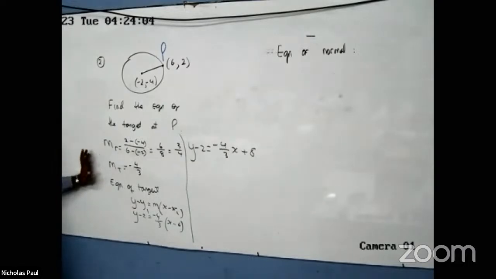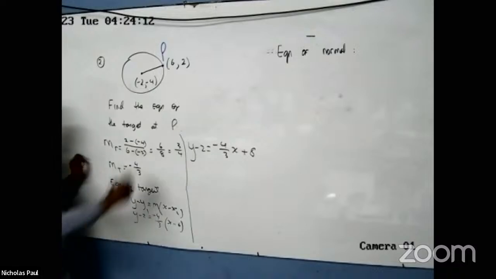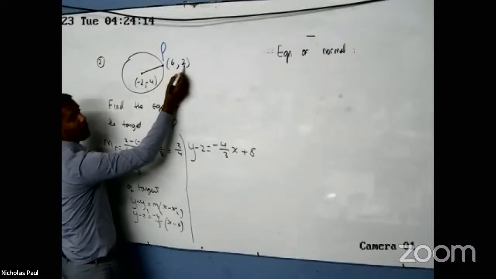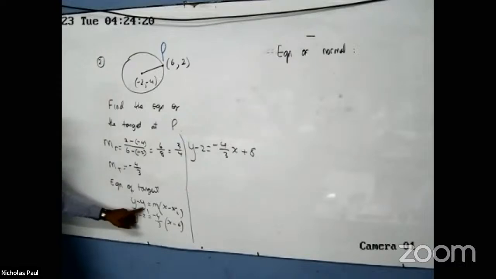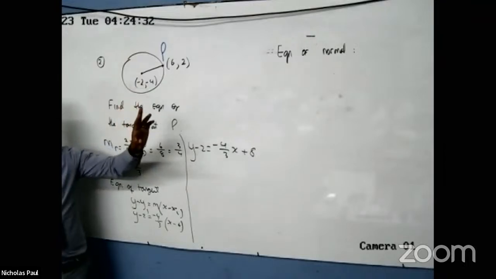Let's sit down. All right. What's the formula? The formula is y minus y1. No, remember what I told you.